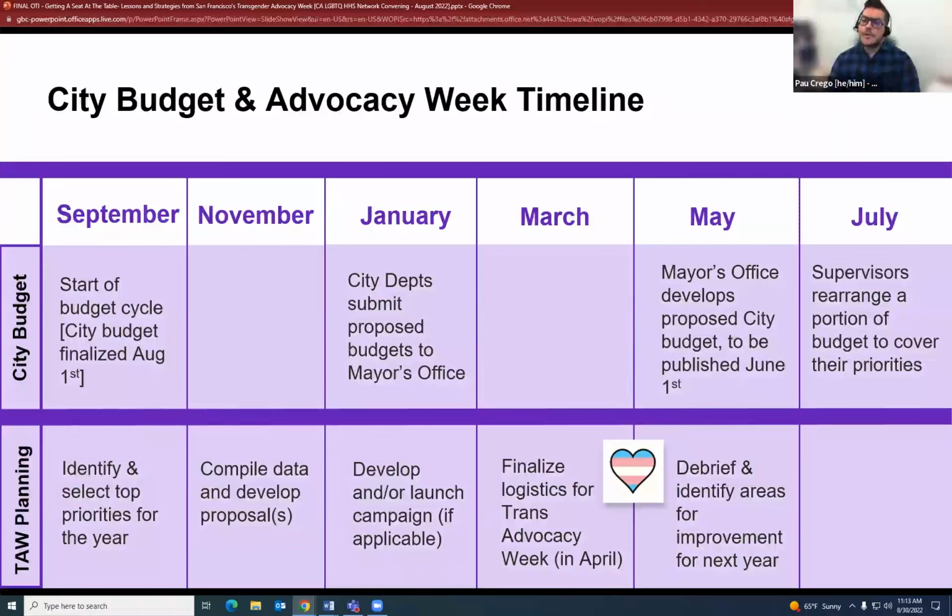So for example, part of what was effective in our first year was that we did a campaign with a website talking about homelessness in San Francisco for trans people, and doing a lot of outreach and social media, and being at our annual Trans March event to talk about this.